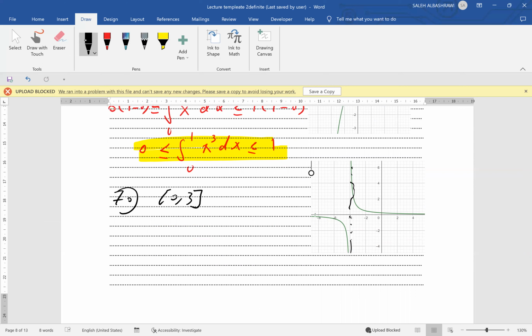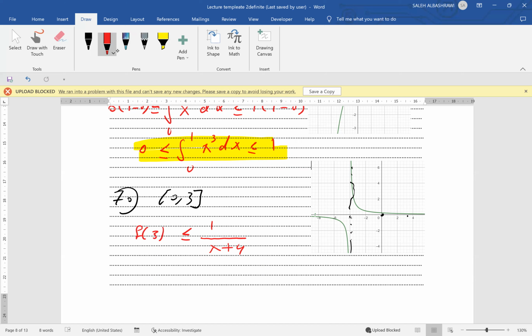So I need to find the value at 0 and at 3. Since it is decreasing, the maximum will be at the left end and the minimum at the right end. Now my function, 1 over x plus 4, is a decreasing function, which means the minimum will be at the right end.